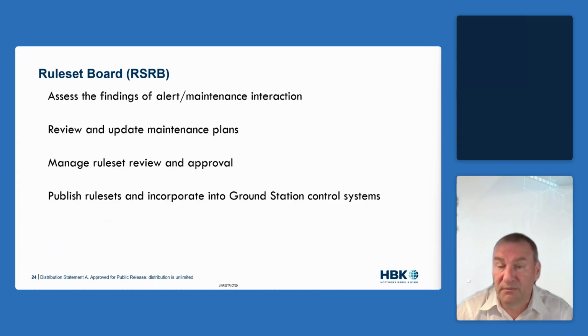Now, there's some of the PMAs that we're working with that will actually take the results of this review board and incorporate it directly into their systems in the field. So they'll actually take the results of this and import it directly in and update their maintenance management system in the field. So there's opportunities going forward for us to really streamline this whole process of review and implementation in the field.